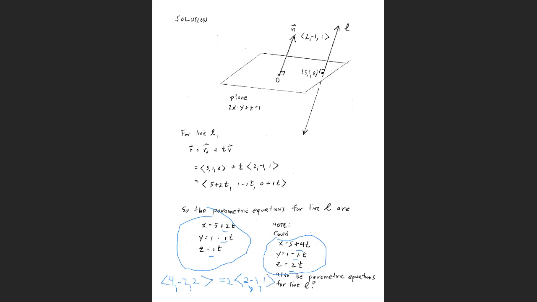So the direction for both lines is the same, and the lines pass through the same point. So both are parametric equations for the line L, so that's a yes.